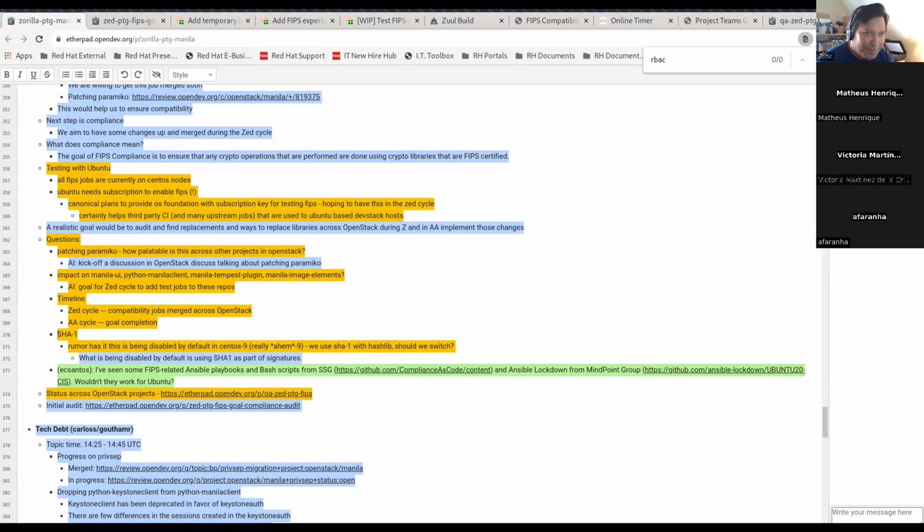But the point is I would be wary about using anything other than exactly what Ubuntu wants you to use for crypto, because who knows how that's maintained, and you want to get a true representation of what Ubuntu says is FIPS compliant and nothing else, right? Yeah, that makes sense. Thanks. Yeah.